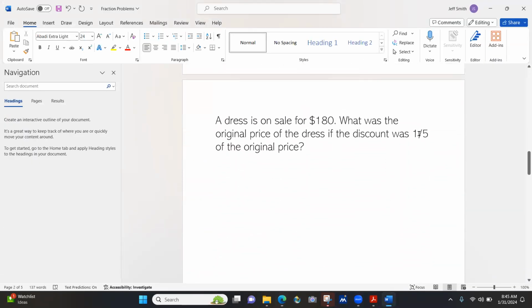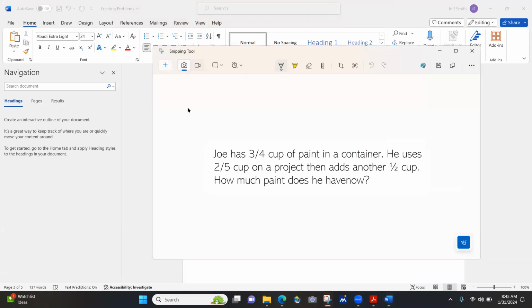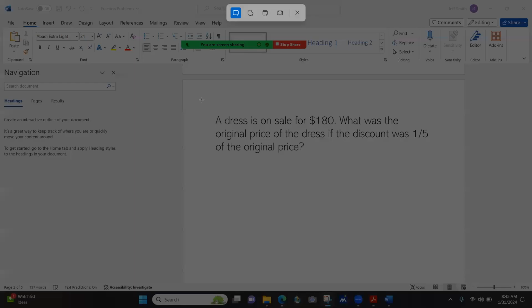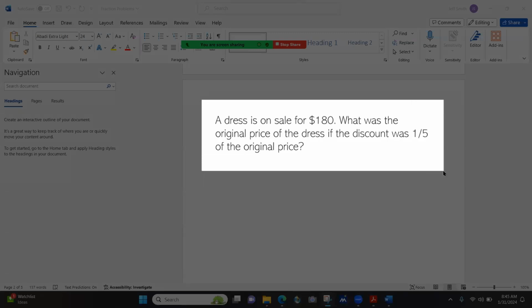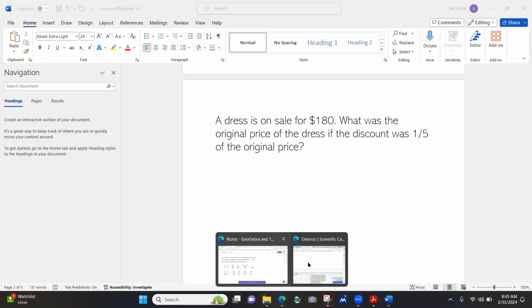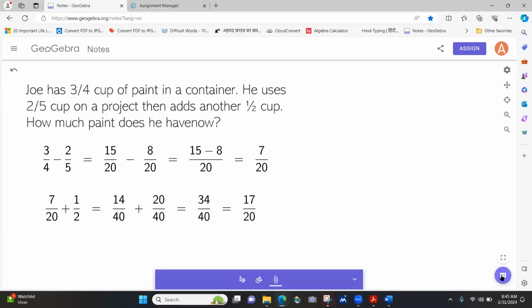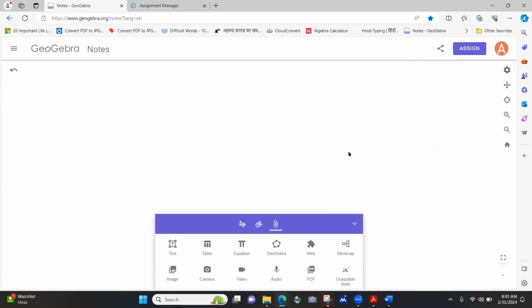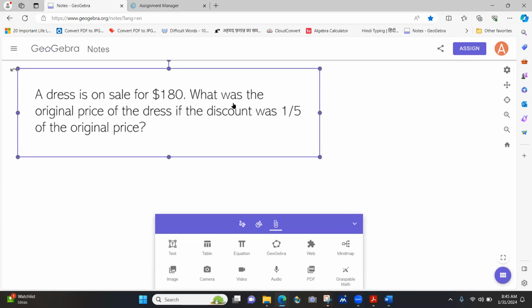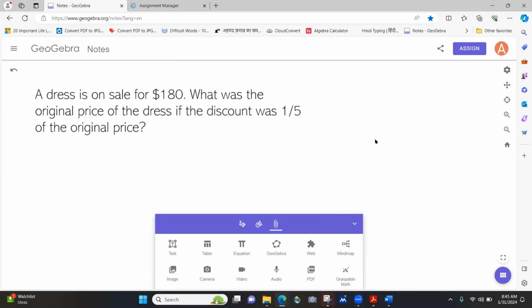Okay. Now, you can do this problem in a variety of ways. I'll do it visually. The dress is on sale for $180. So that's the reduced price. Okay, it's on sale and they're asking you to pay 180 bucks. What was the original price of the dress if the discount was 1/5 of the original price?